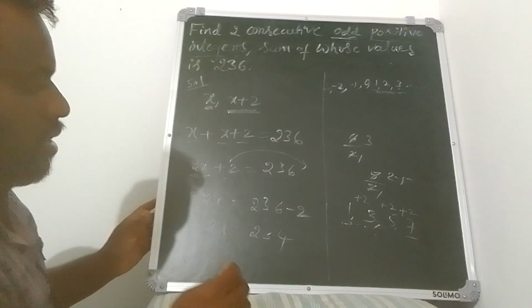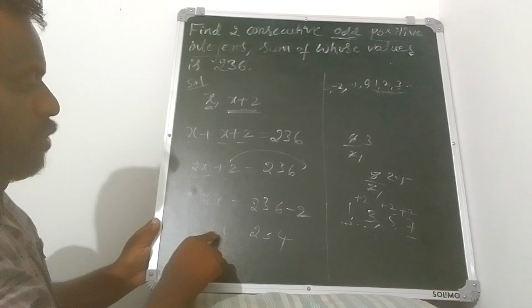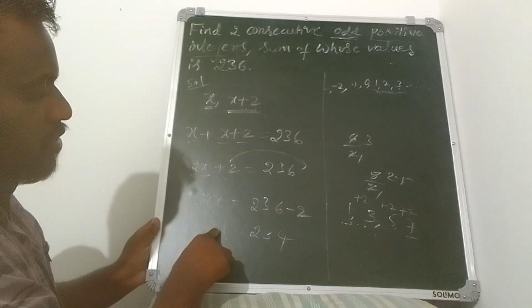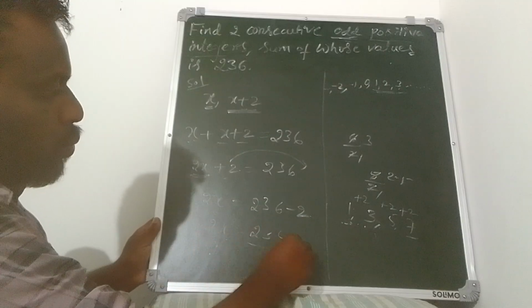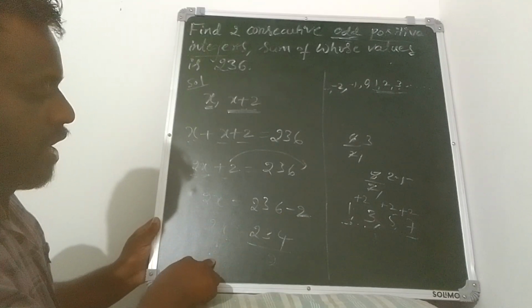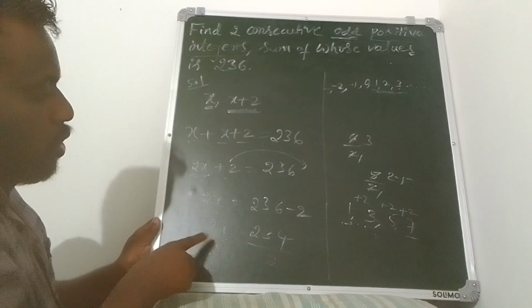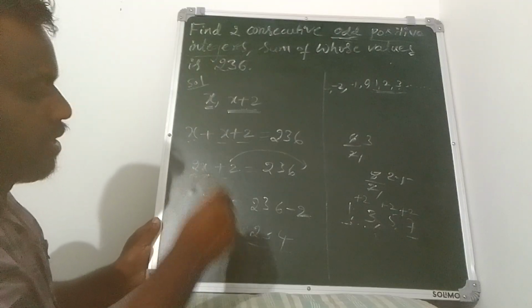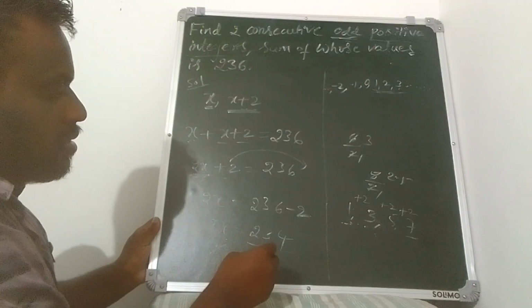Now we want only x, we don't want the 2, so divide both sides. 2 into x is there, because of the multiplication we have to divide both sides by 2. Why are we dividing both sides by 2? To cancel this 2, because we don't want this 2, we want only x. Now simplification: 2 cancels.